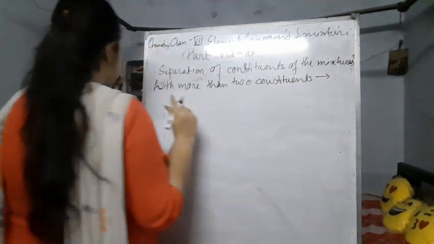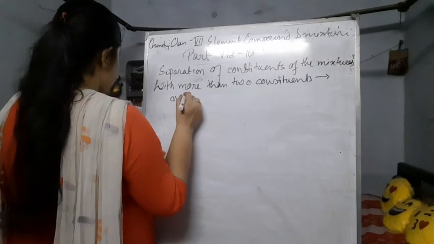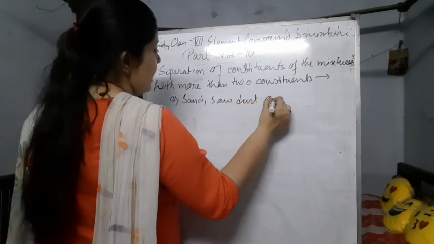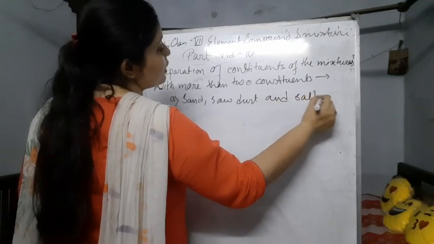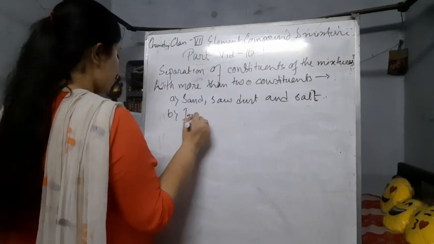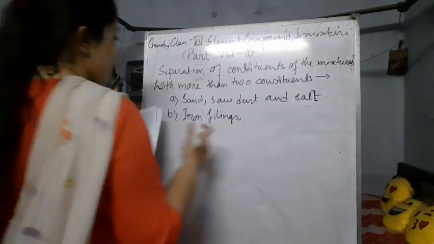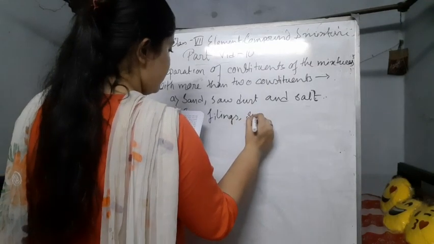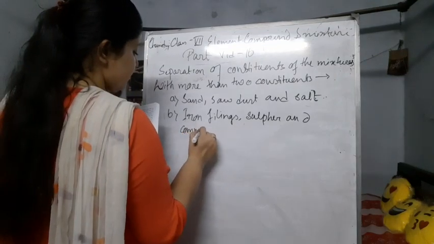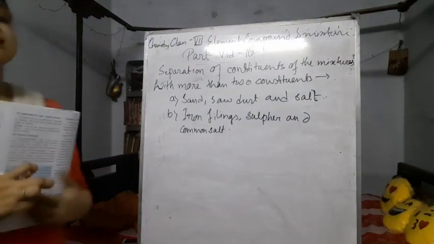I am giving you any two examples according to your syllabus. The first is separation of sand, sawdust and salt, and the second is iron filings, sulfur and common salt. First I will discuss sand, sawdust and salt.